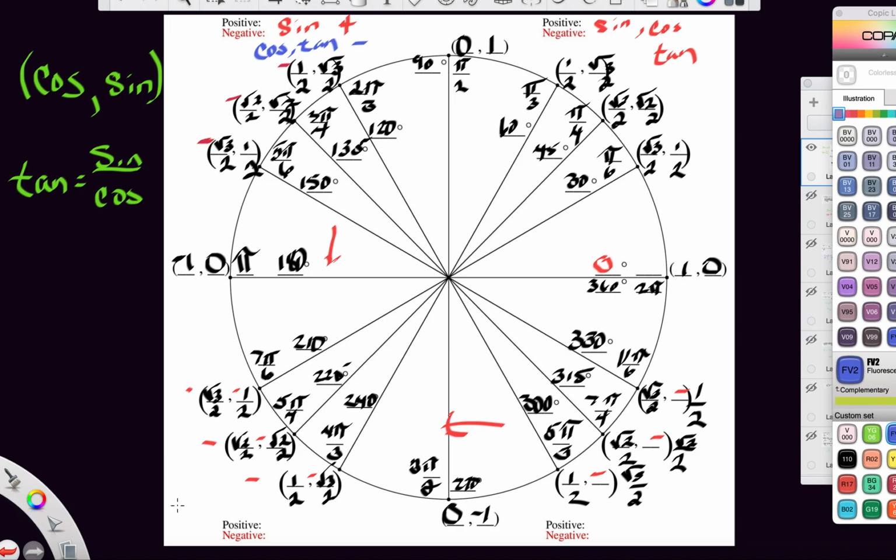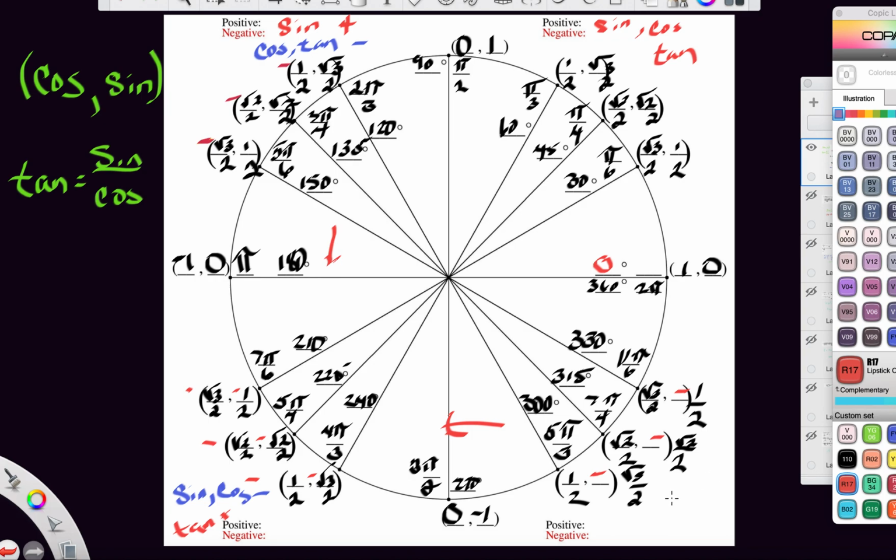In quadrant 3, both the sine and cosine are negative. And if you have a negative divided by a negative, you have a positive, so that tangent is positive.